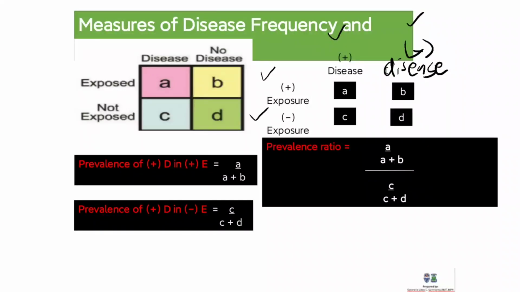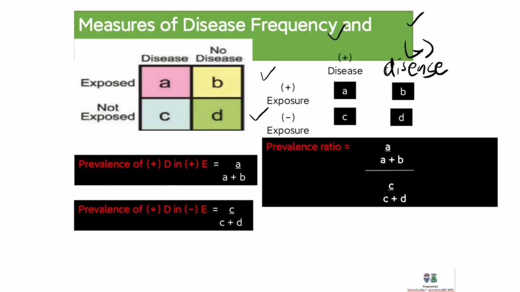So, again, if yung hinahanap natin is yung proportion ng mga may sakit or disease outcome, ibig sabihin, yung numerator mo, yung nakalculate mo dun sa prevalence of the positive disease in with exposure, tapos over, yung denominator mo would be yung nakalculate mo dun sa prevalence of with disease in unexposed group. Okay? So, ganun lang siya kasimple.